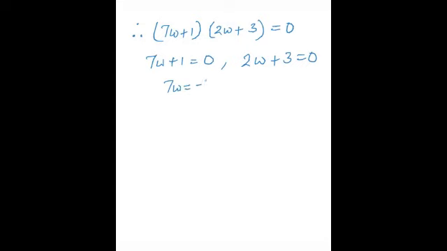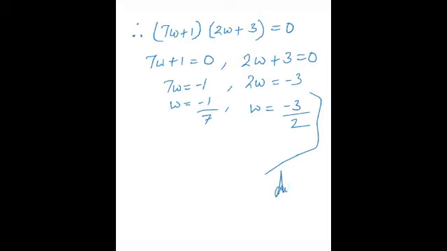So 7w is equal to minus 1 and w is equal to minus 1 over 7 in this case, and 2w is equal to minus 3, so w is equal to minus 3 over 2 in this case. And these both are your answers.